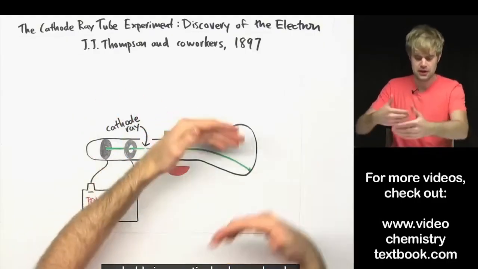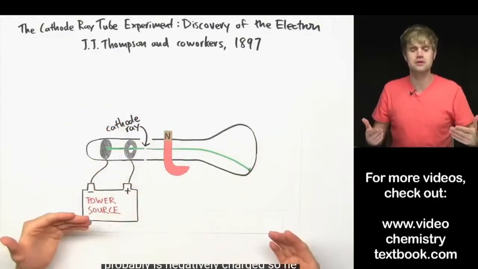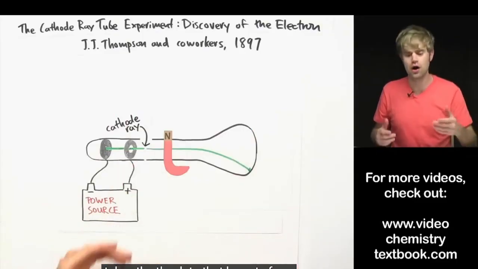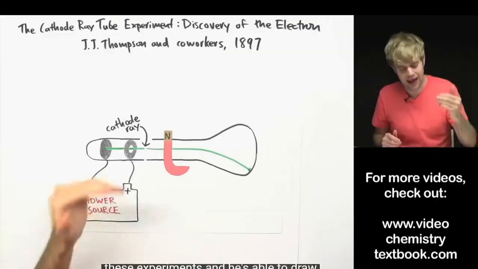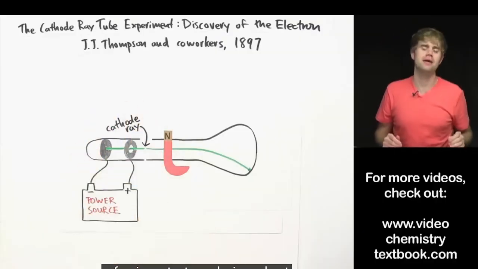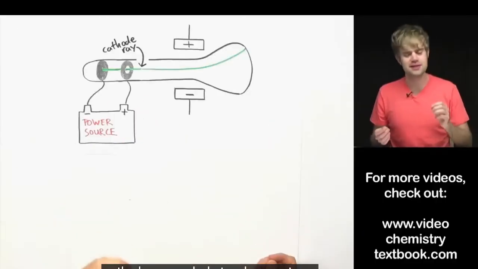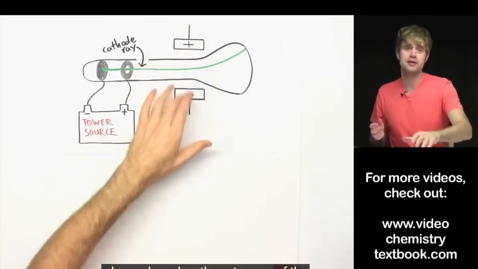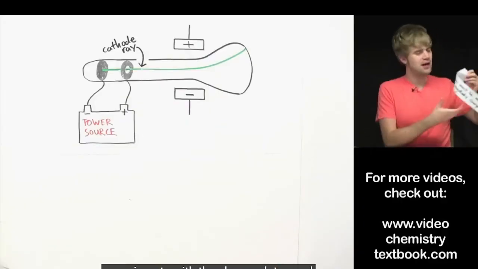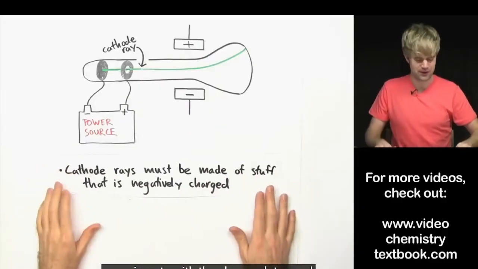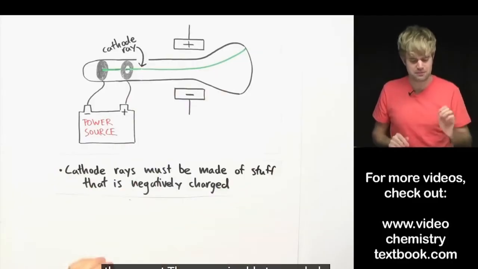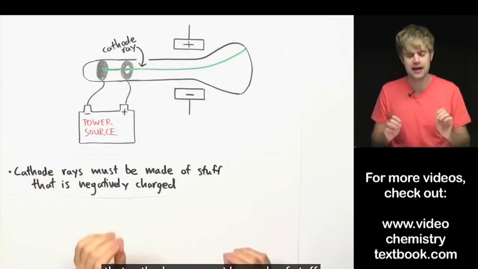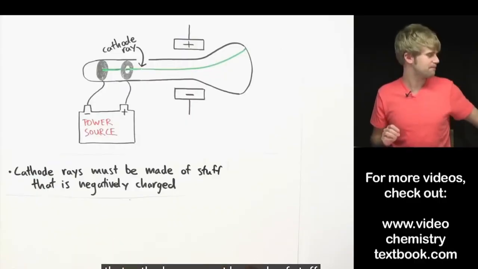So he takes the data that he gets from these experiments and he's able to draw a few important conclusions about cathode rays and what makes up atoms. Okay, so based on the outcomes of the experiments with the charged plates and the magnet, Thomson is able to conclude that cathode rays must be made of stuff that is negatively charged. Okay.